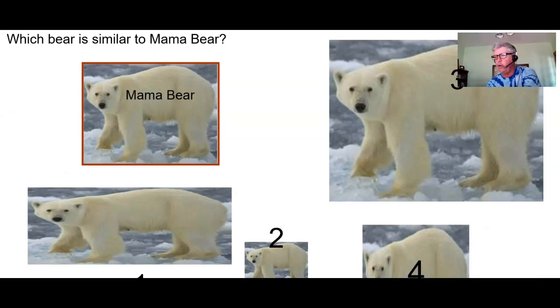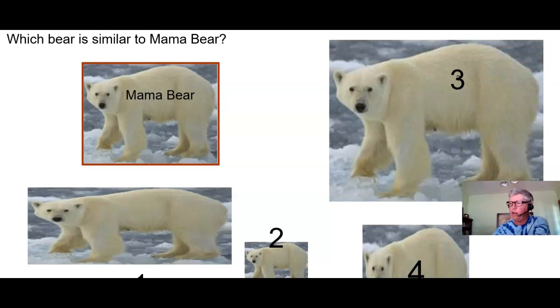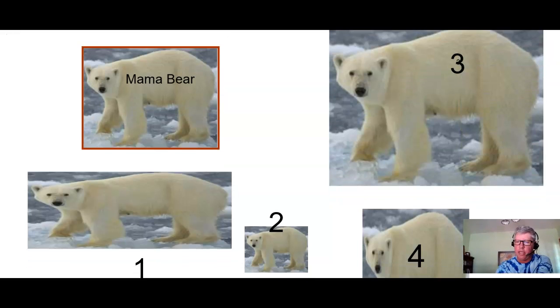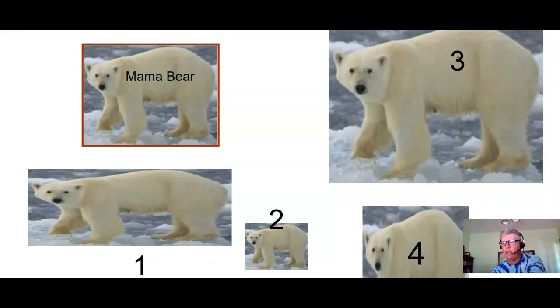I'm tapping into the idea that you already know what similarity is. There's Mama Bear. Which ones do you think are similar to Mama Bear? If we were live, we'd be all voting and yelling and having fun.